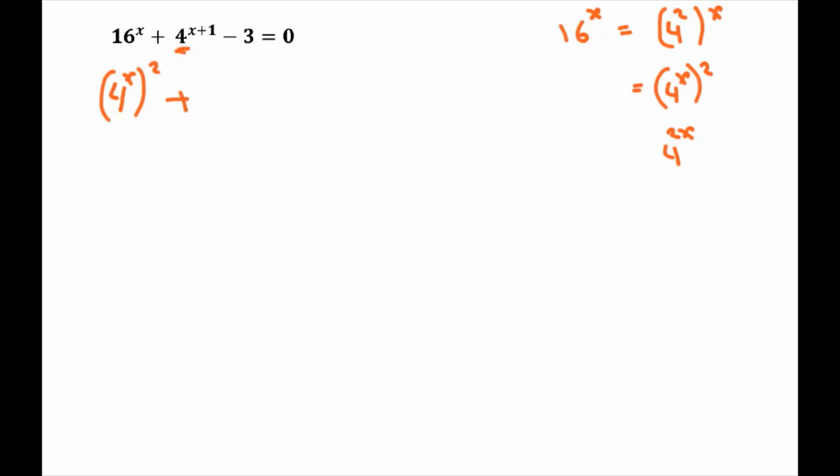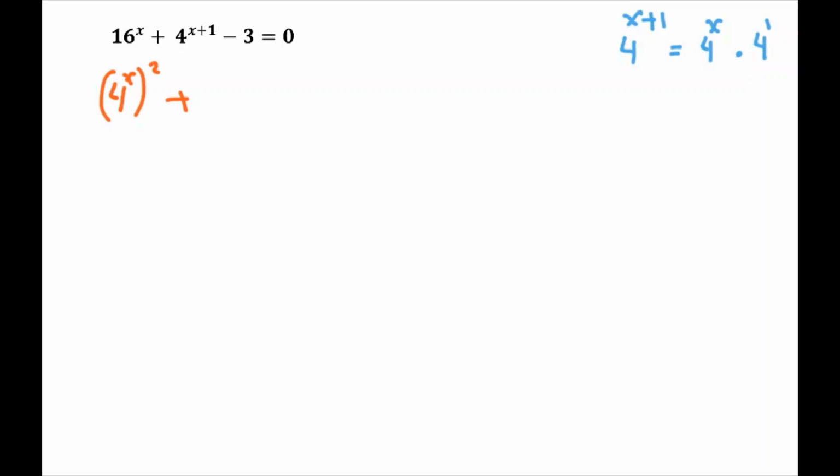Plus. Now, what about 4 to the power of x plus 1? Well, 4 to the power of x plus 1 is basically 4 to the power of x multiplied by 4 to the power of 1. I can rearrange them, so 4 to the power of 1 is 4, multiplied by 4 to the power of x.